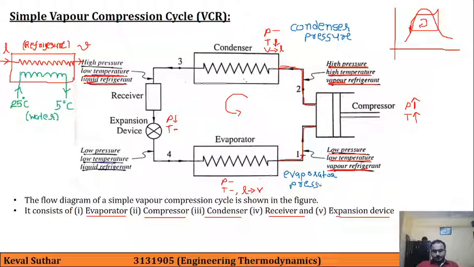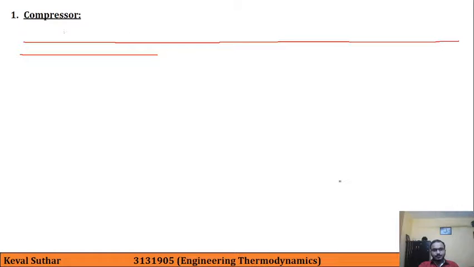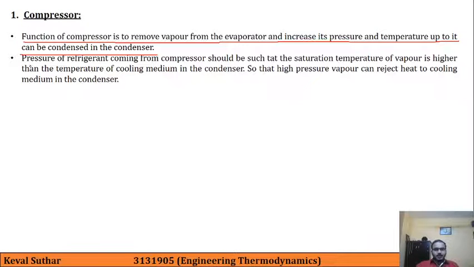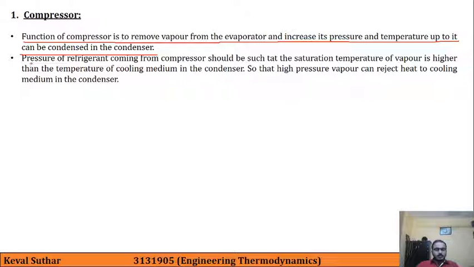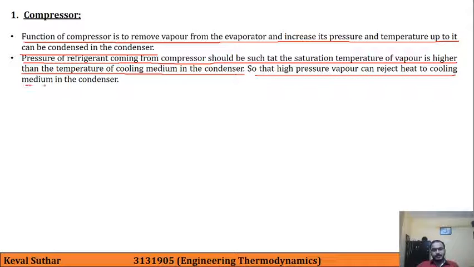Okay, so the entire cycle is functioning on two pressures. The pressure of refrigerant coming out of the compressor should be such that the saturation temperature of vapor is higher than the temperature of cooling medium in the condenser, so that high pressure vapor can reject heat to the cooling medium in the condenser.